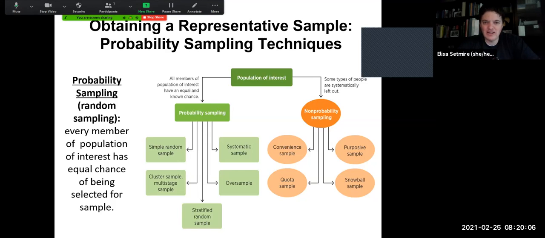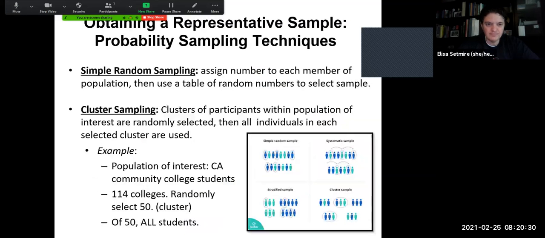But that might not generalize to the rest of the campus. I want to make sure that everyone in every different class, every different student, different times of day that you're in classes has an equal chance of being selected. And that's what's going to give us the most representative sample. And we can do that again through probability or random sampling techniques.